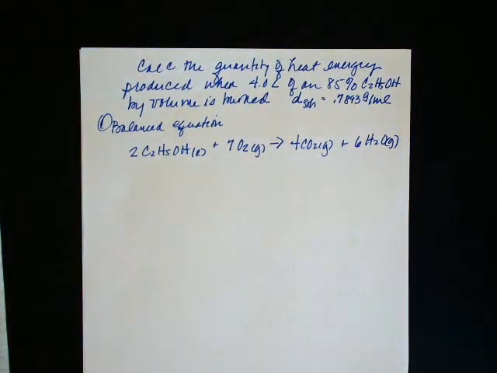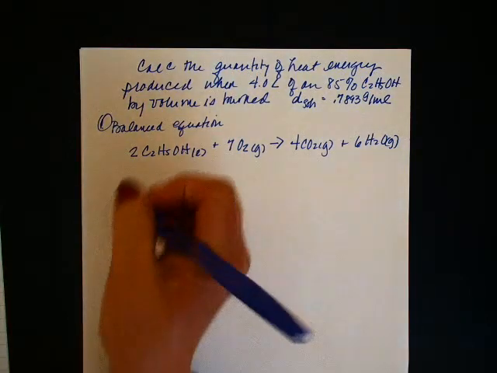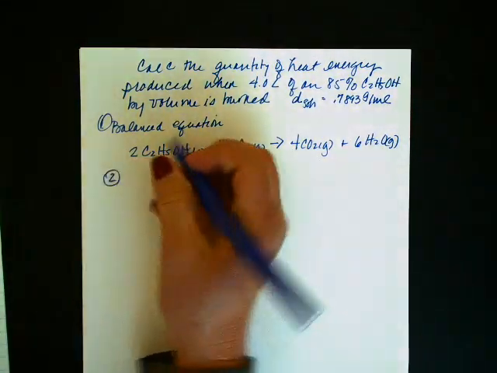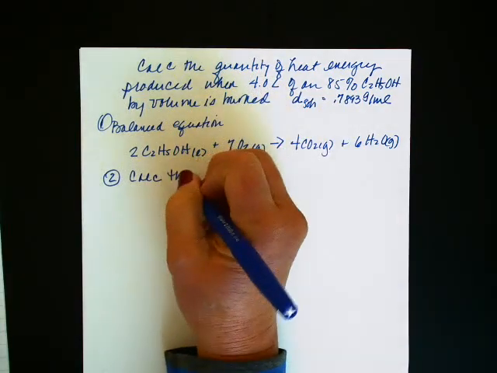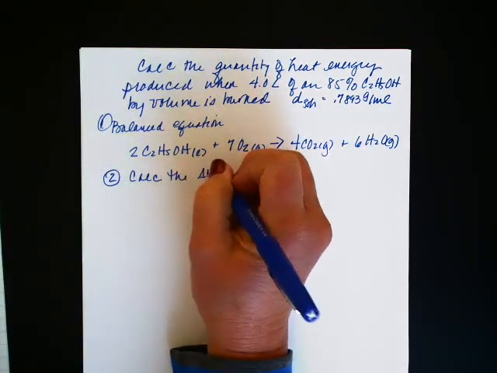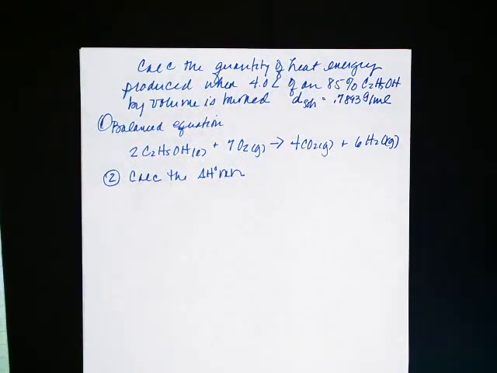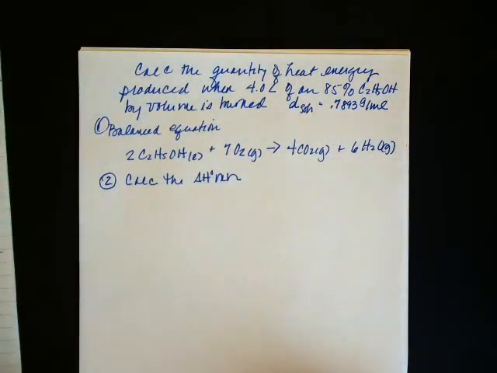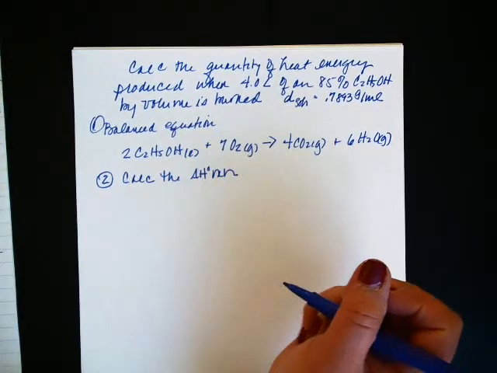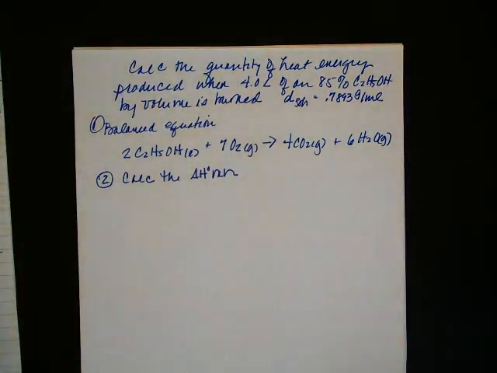So we can do one of two things. First, I'm going to actually calculate the standard heat for that reaction using the heats of formation. So this is our direct approach to calculating delta H, which of course involves summing the heats of formation of the products and subtracting the heats of formation of the reactants.